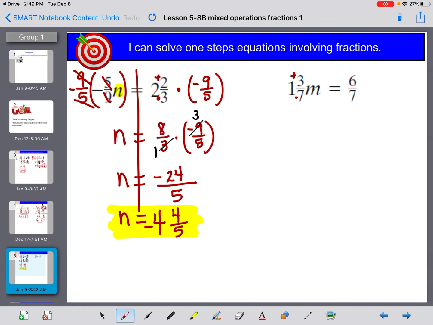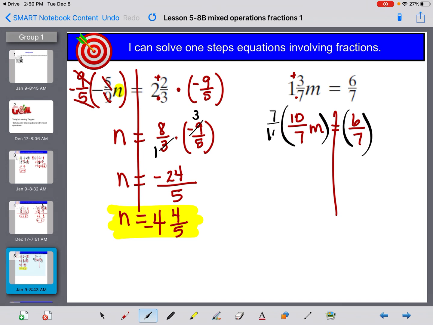The next one, I'm going to start off by converting this to improper. You should have gotten 10/7 m equals 6/7. I'm going to multiply both sides by the reciprocal to get m by itself. Again, notice here is 7/10, here is 7/10.